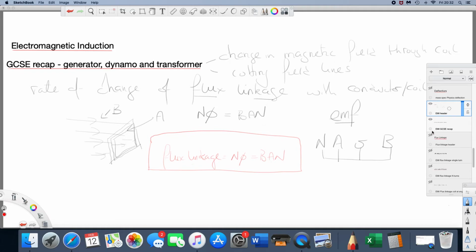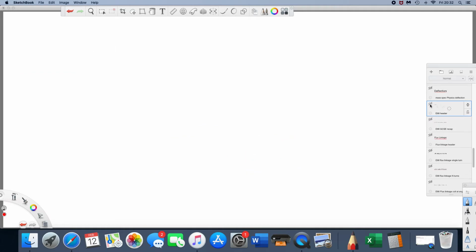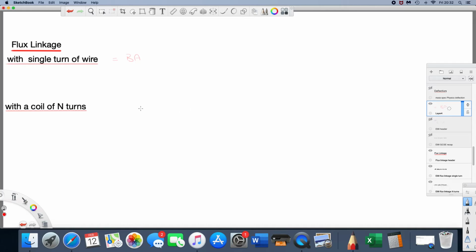So the flux linkage with a single turn of wire is B times A. Flux linkage with N turns is B, A, N.